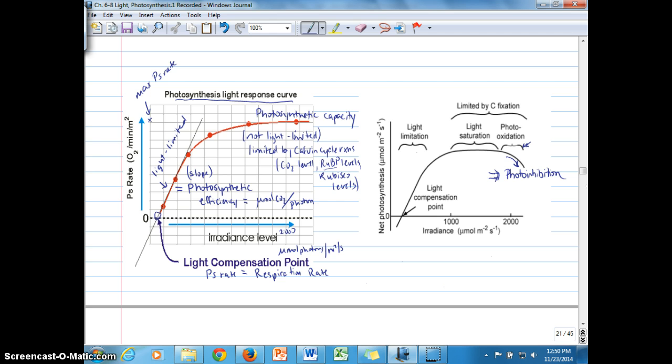And also, looking at plants that are exposed to different light intensities on a regular basis that they've adapted to, such as shade versus high light intensity adapted plants, and how that affects these light curves. So that's what we'll focus on here.